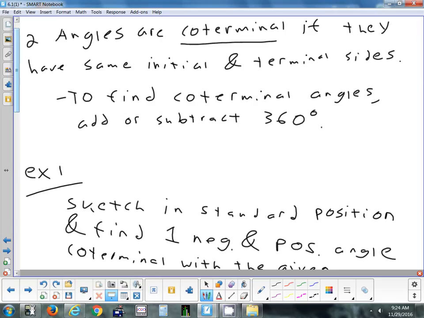So we'll sketch some angles in standard position, then find an angle that's coterminal with the one I give you as a positive, and then find the one that's coterminal as a negative. But that's the key, just adding and subtracting 360.